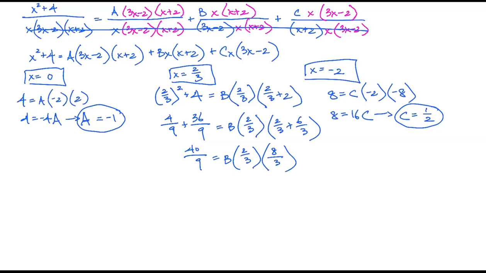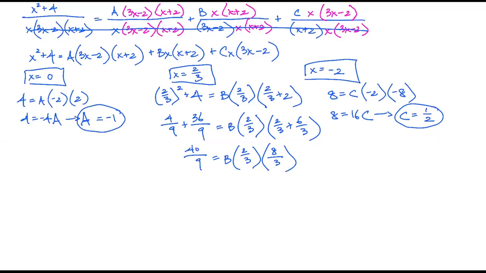So hopefully we're getting A equals -1, C equals 1/2. And then for B, I wanted to show the fractional work. We're plugging in 2/3. When we square a fraction, we have to square the numerator and the denominator to get 4/9. And when we add fractions, we need a common denominator.